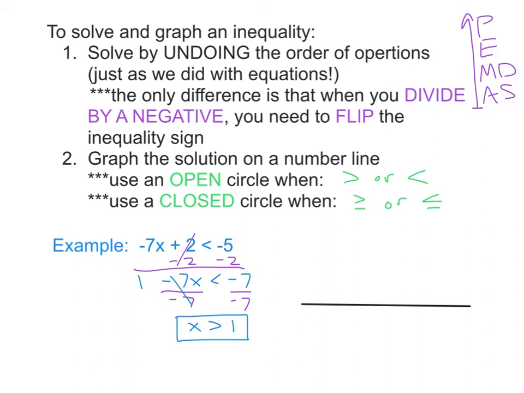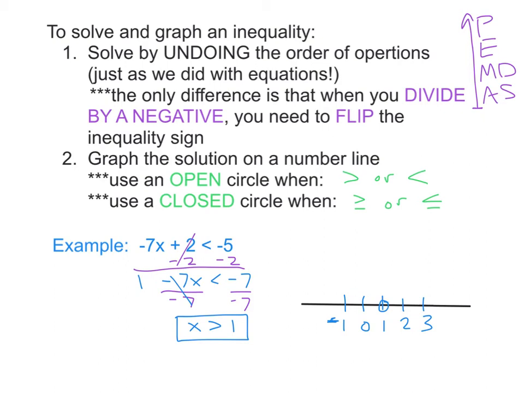So on our number line, we start by putting 1 somewhere on our number line, remembering that 2 and 3 go this way, and over here is 0, negative 1. On this number line, we want to show where x is greater than 1. Well, since this sign is just simply greater than, we don't want to include 1 as a solution, so we're going to put the open circle at 1, and then we have to decide which way to shade.